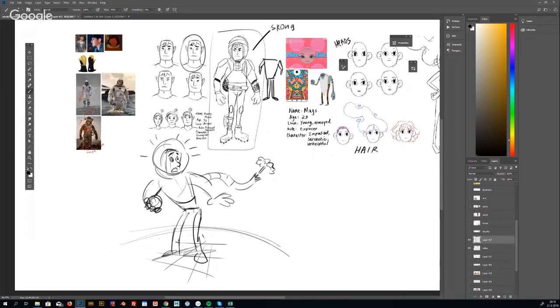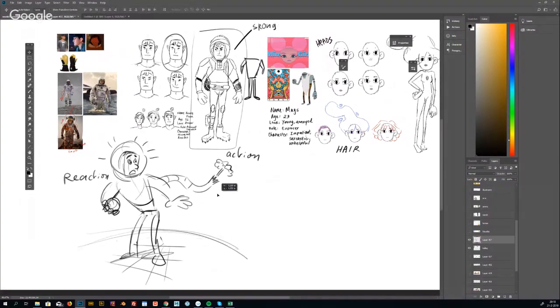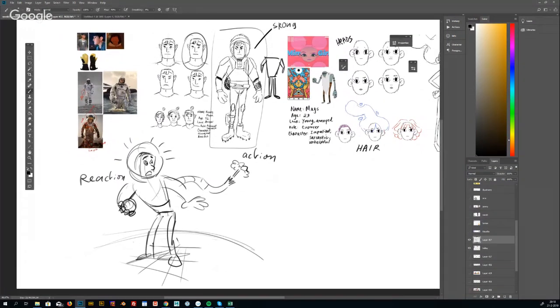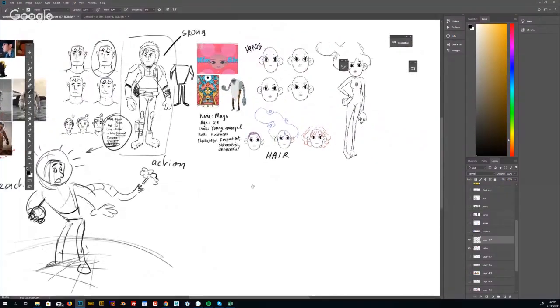So then you have the action, and then this is the reaction. So it's great if you, so the next homework assignment will be that you create some poses of your character. And then it's really good to show a bit of that story you were creating. So if you wrote down anxious, put that in the character, or put that down in the pose.